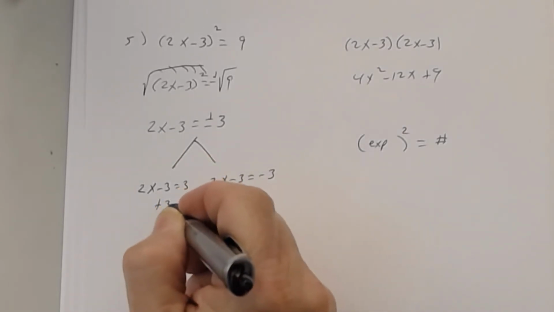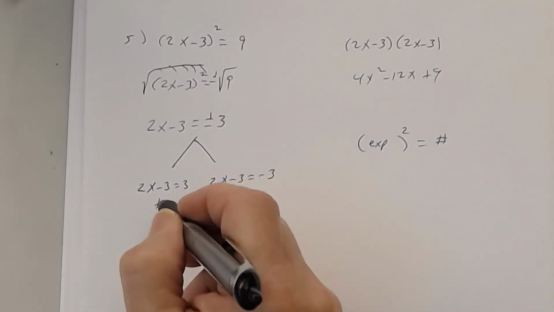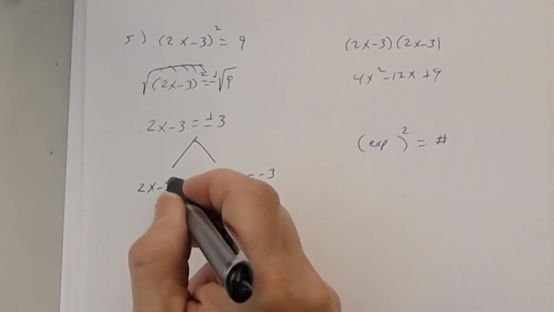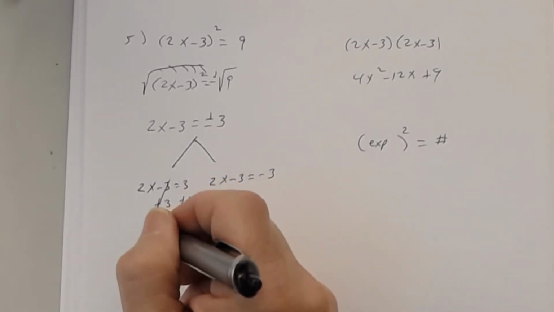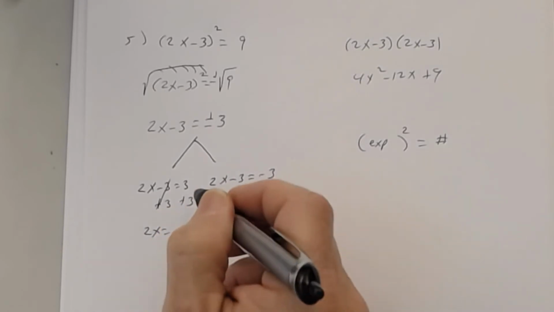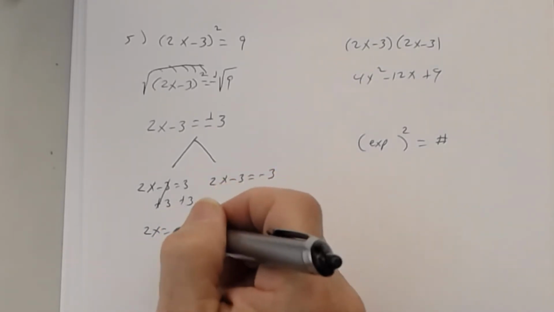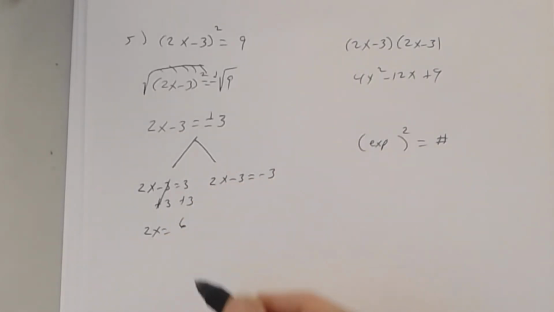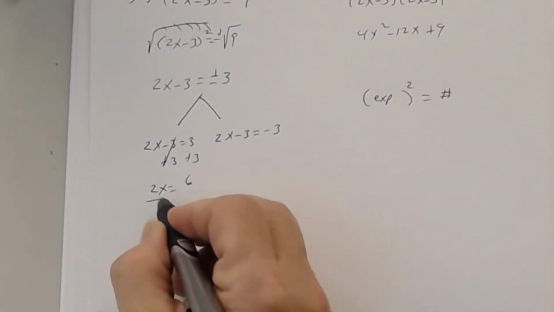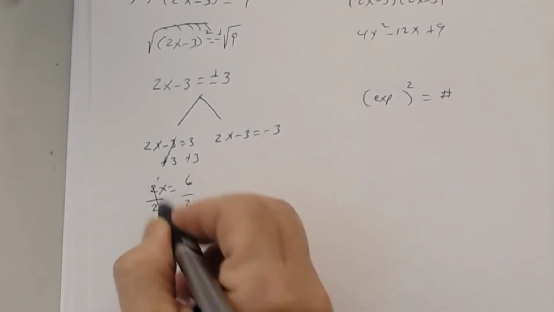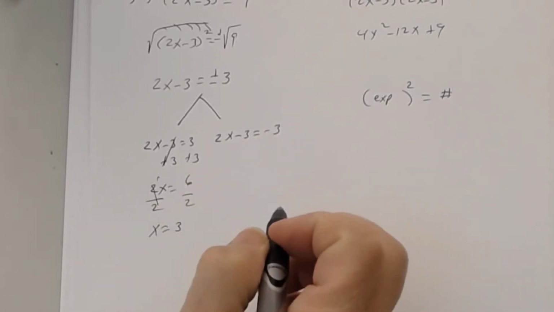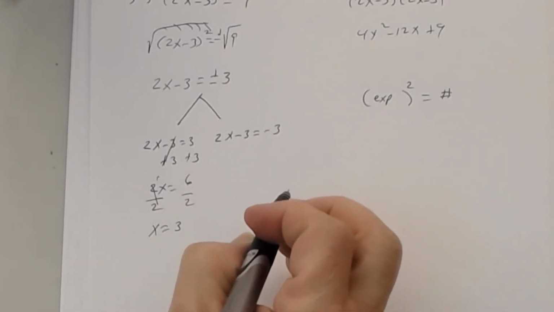And so when I add 3 to both sides, and I combine like terms, negative 3 and a positive 3 is 0. So I get 2x equals, I can combine 3 and 3, right? What's 3 and 3? 6. And then finally, what's the next step? Divide by 2. So what's one of my solutions? x equals 3. That's one of your solutions.